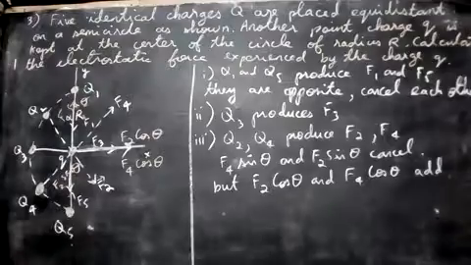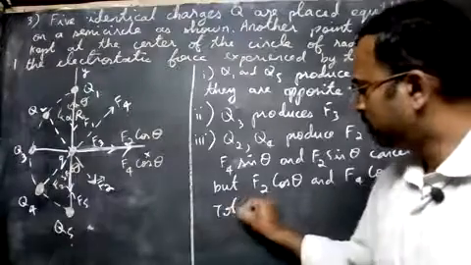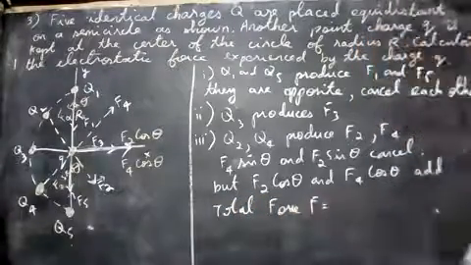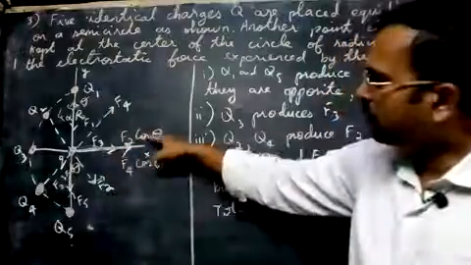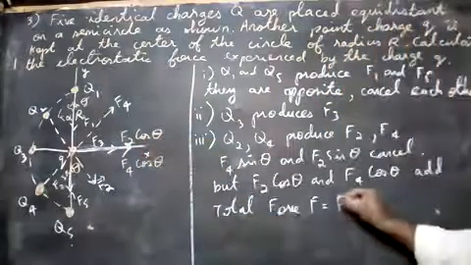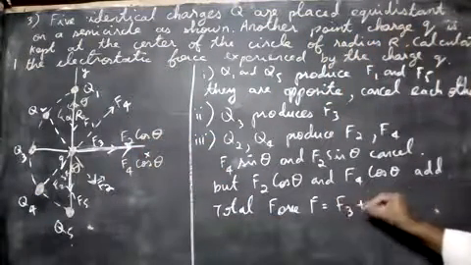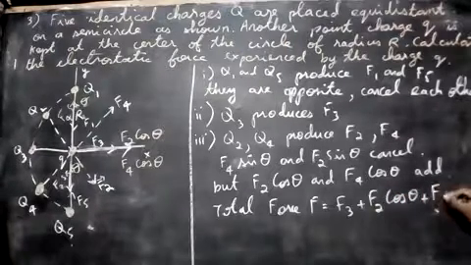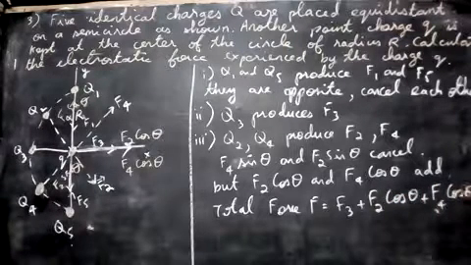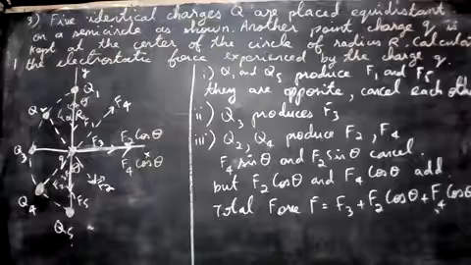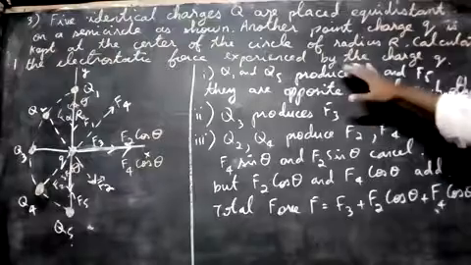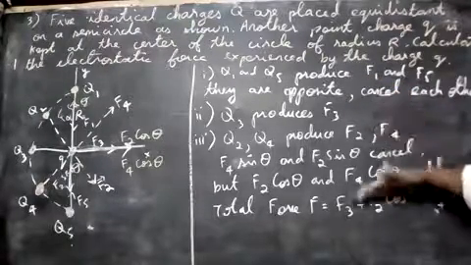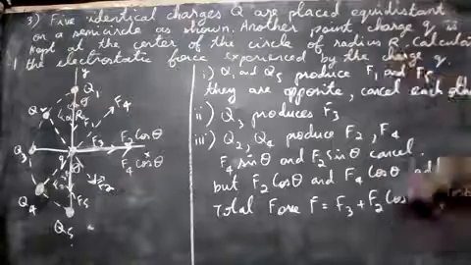Let's see the total force now. What will be the total force? You must add F3, F2 cos theta and F4 cos theta. So F is equal to F3 plus F2 cos theta plus F4 cos theta. Let's see what we get here.